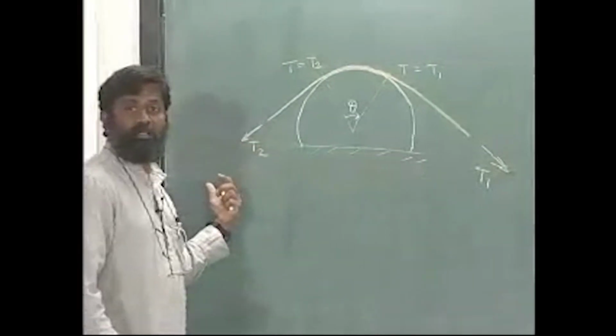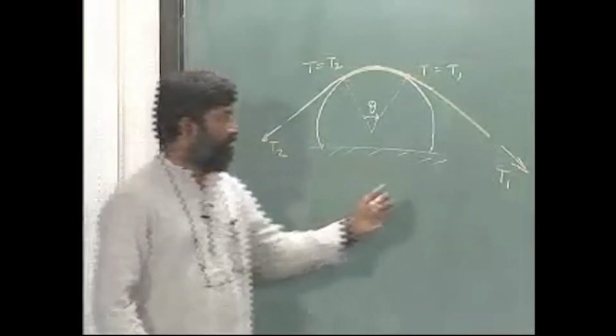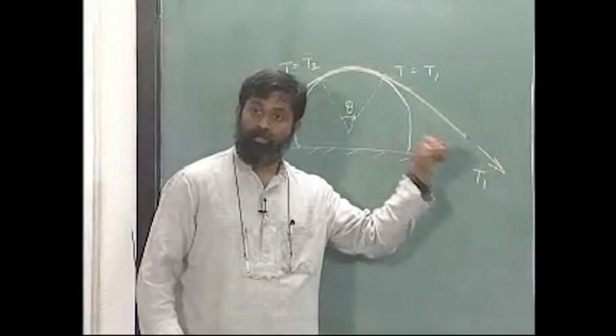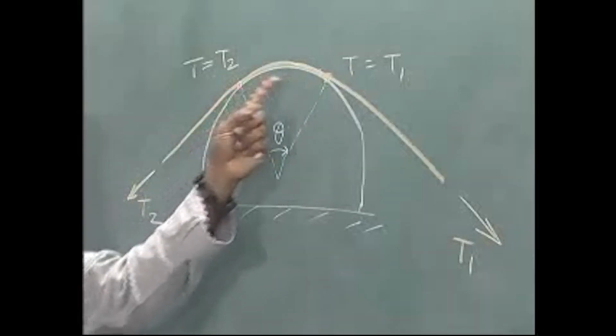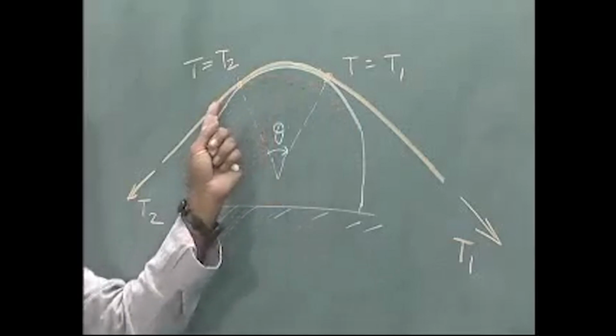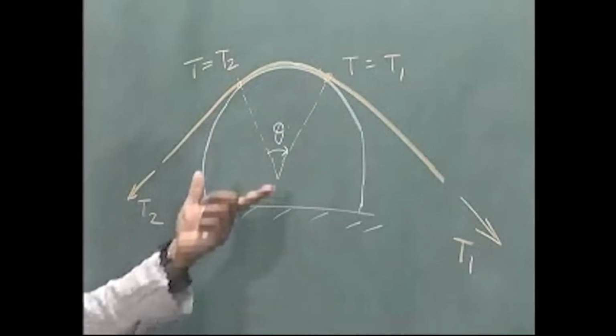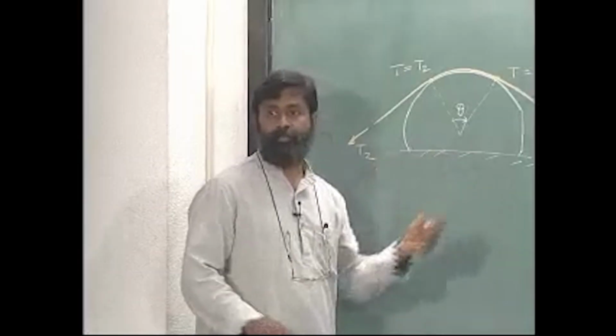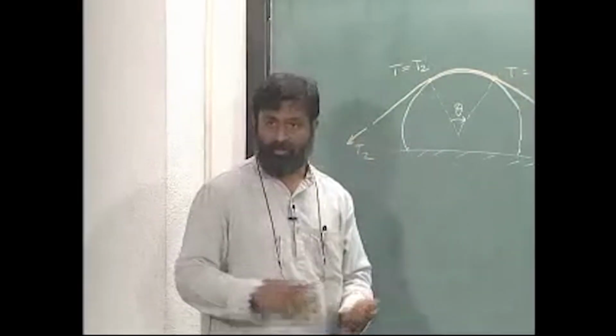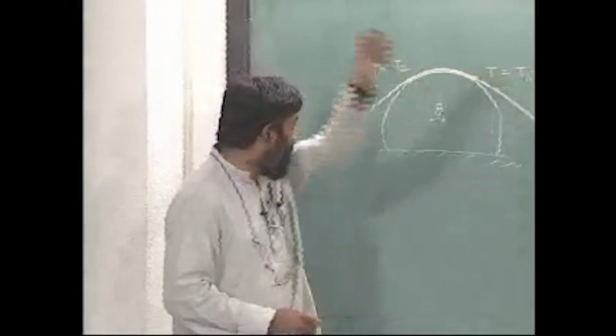Should T1 be greater than T2? The answer is yes, because this has to pull with an additional force that is offsetting the resistance offered by the surface, okay. How do I find out this relationship for the impending belt motion? That is the question, okay.